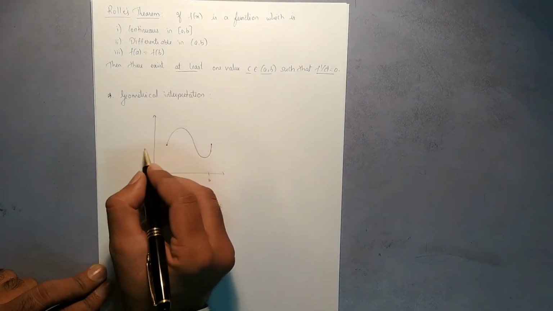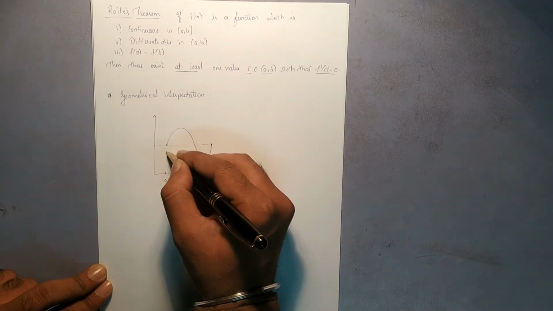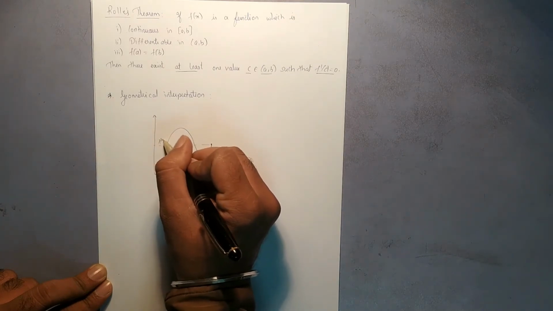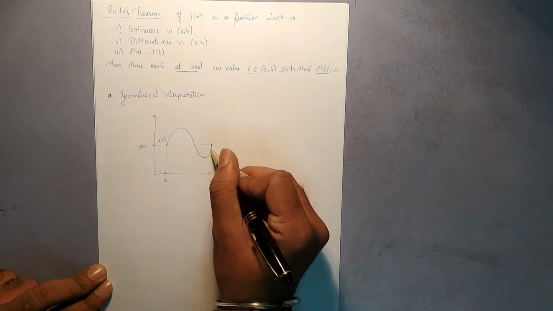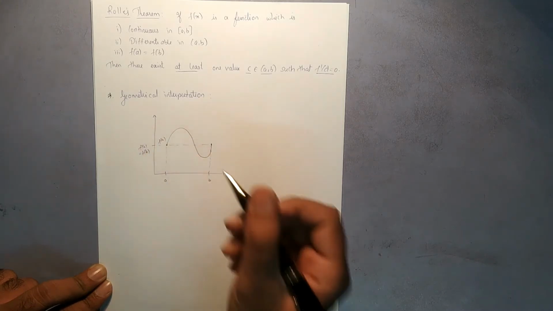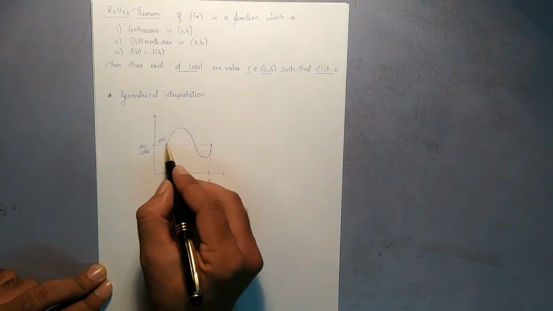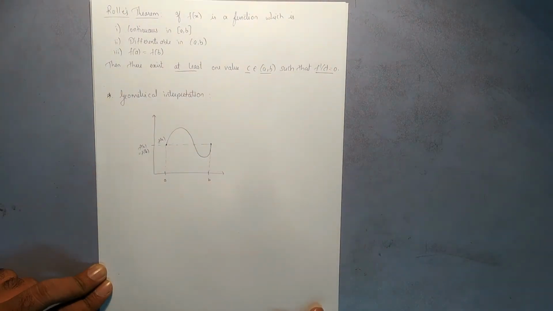Also, f of a is equal to f of b. This is f of a, and this is f of b. So f of a is equal to f of b, meaning the function value at the point a should be equal to the function value at the point b.